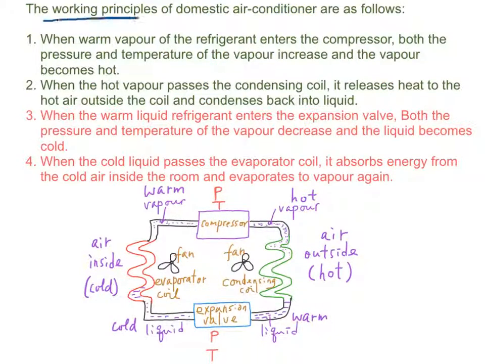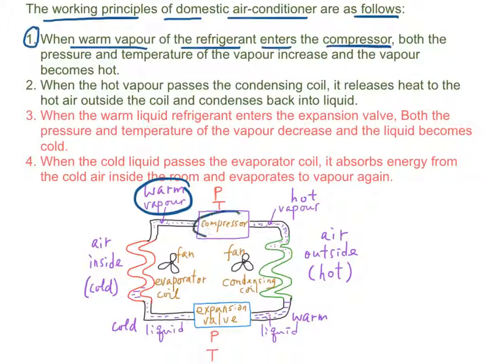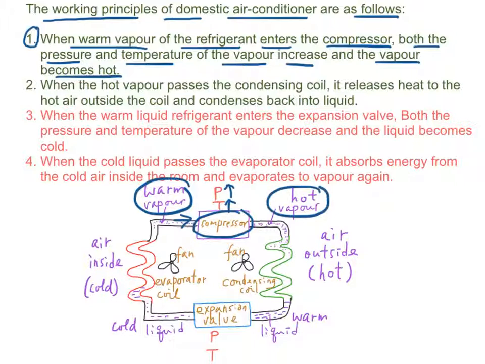The working principles of the domestic air conditioner are as follows. The first step: when warm vapor of the refrigerants enters the compressor, both the pressure and temperature of the vapor will increase, and the vapor becomes hot.